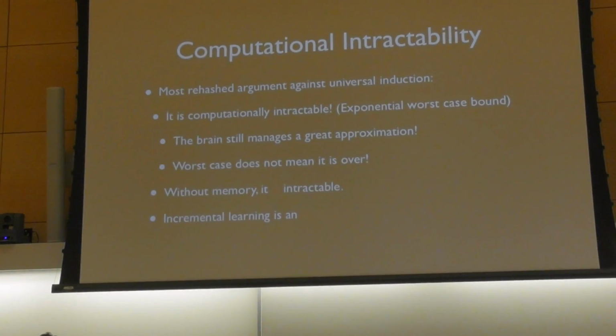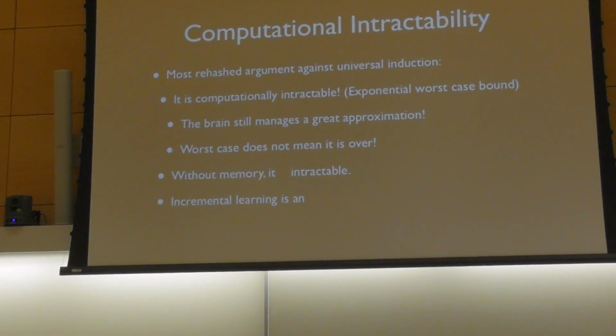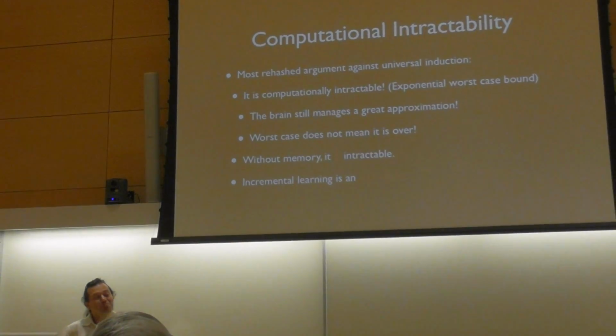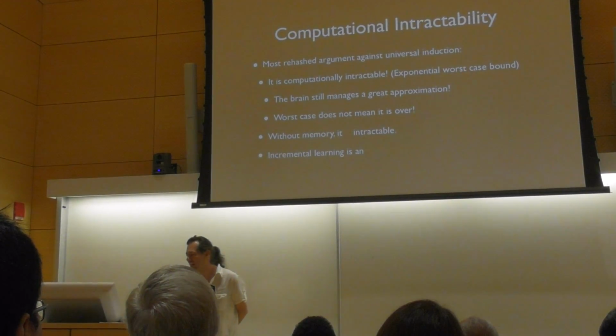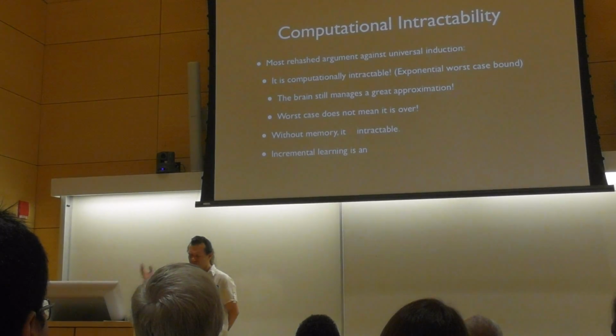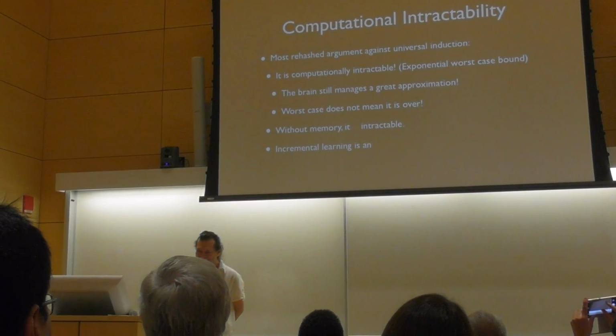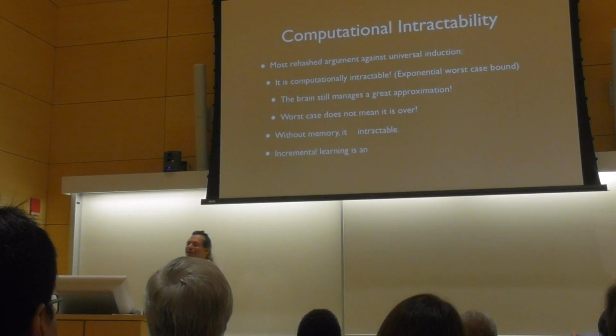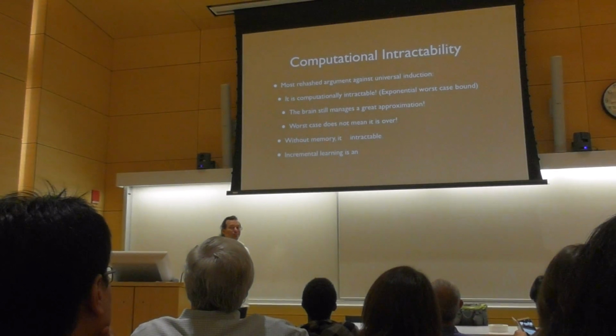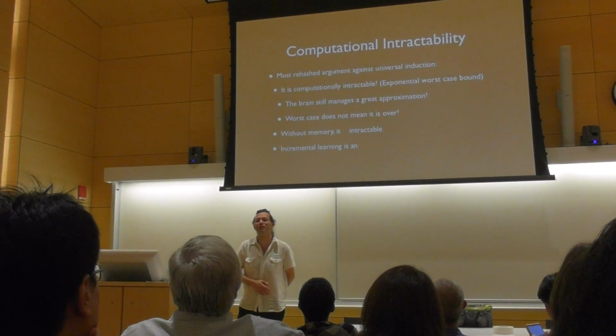And well, let's talk about computational intractability. Probably the most rehashed argument against universal induction is that it's completely intractable. Well, hey, I'm a computer scientist. This is an exponential worst case running time bound, so it's probably not usable. It's just theoretical fiction, right?